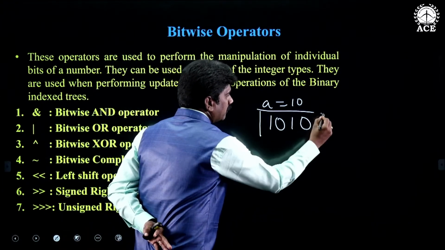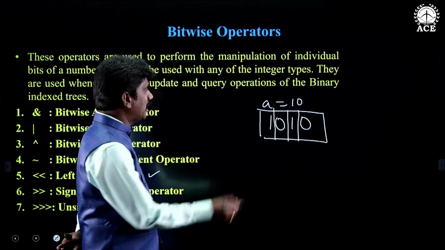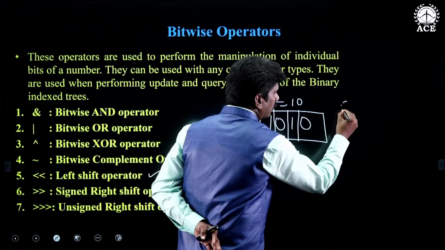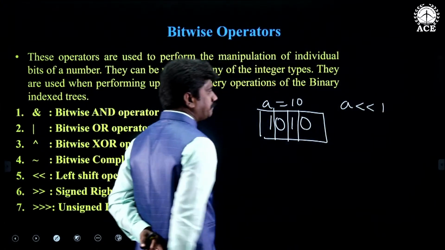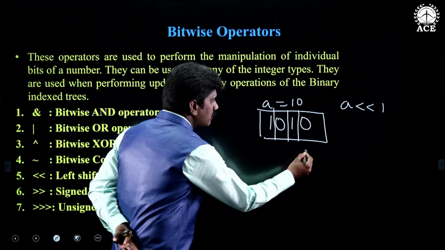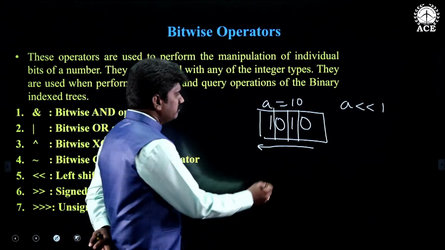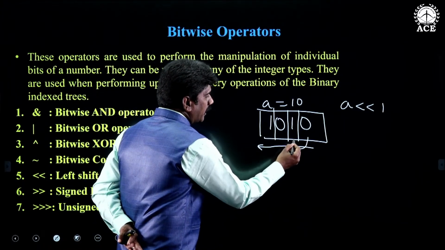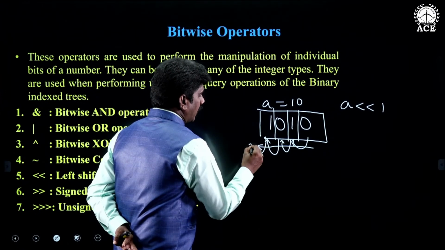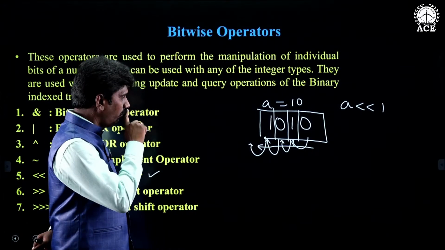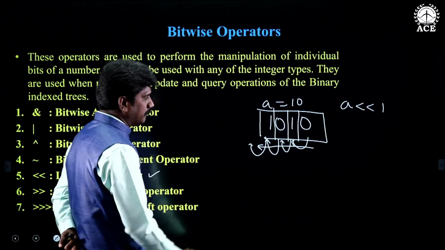If we apply left shift one time on the variable A, how can we write that? A left shift one time means all the values will be moved one position towards the left side. This 0 will come to the next position, 1 will come to the next position, and like this. And the last position will be filled with 0.